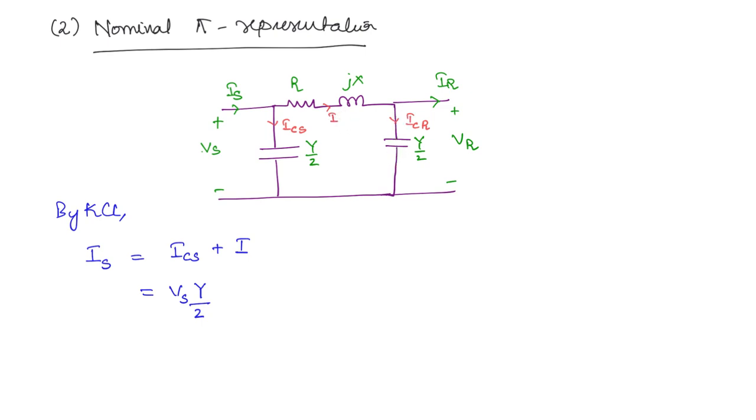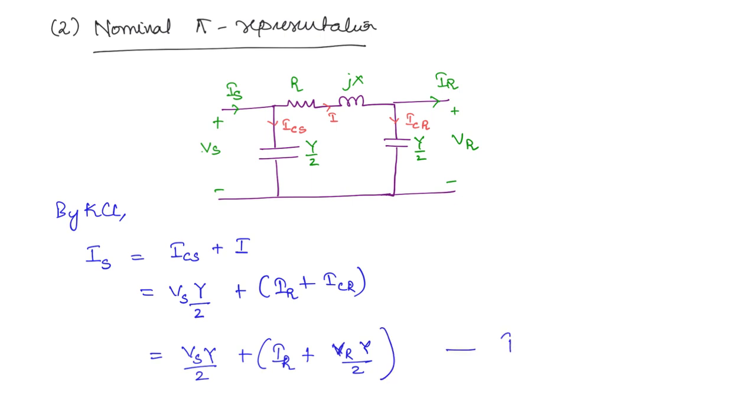If you apply KCL here, I is equal to IR plus ICR, right? Further, ICR you can write as the voltage VR into the admittance Y by 2. So Is is equal to Vs Y by 2 plus IR plus VR Y by 2. This we will take as equation 1.